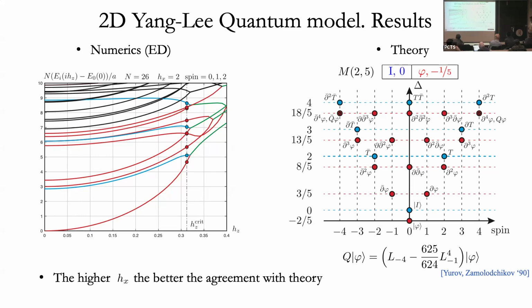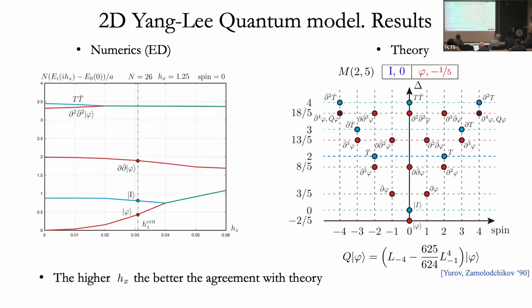For example, if I take hx equals 1.25, you see the correspondence is already worse because, for example, T T bar merges with this state earlier than the identity merges with the primary state phi.